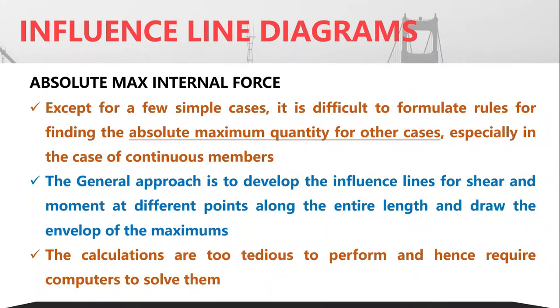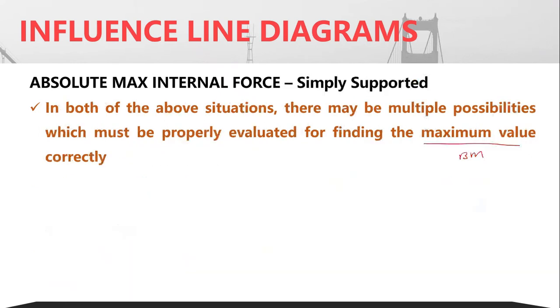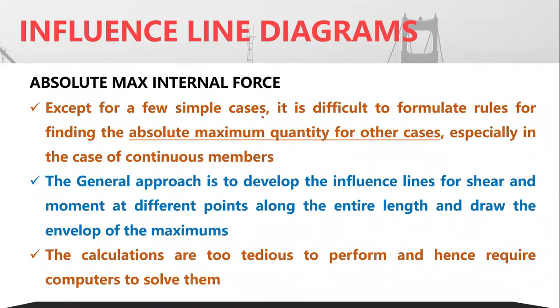Now for a general case, so far I have been talking of a simply supported beam. Except for a few simple cases, it is very difficult, underline this, it is very difficult to formulate rules for finding the absolute value of the maximum quantity, especially in the case of continuous members.